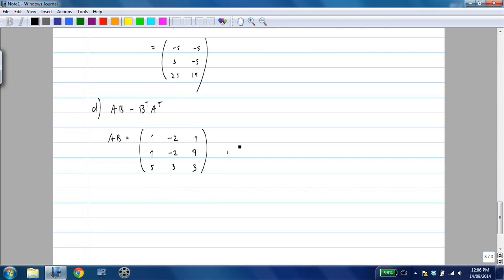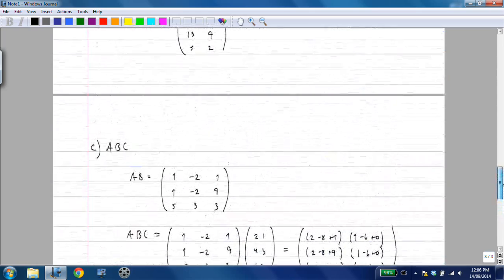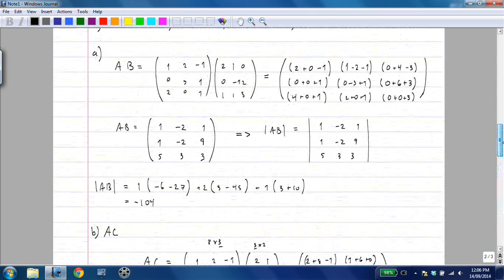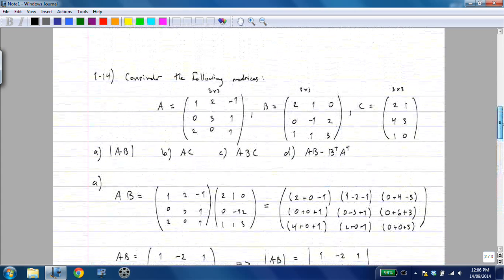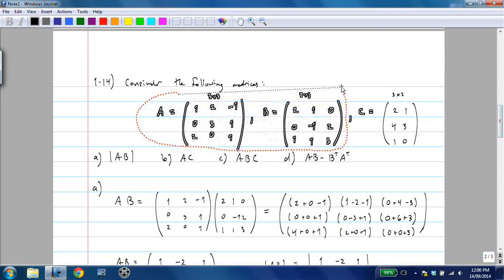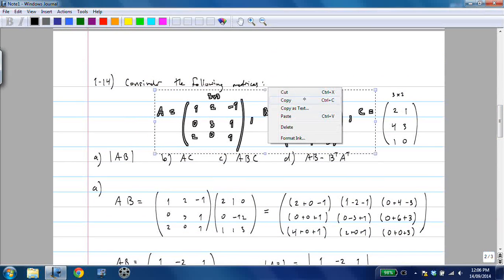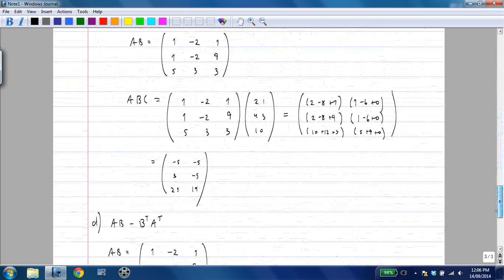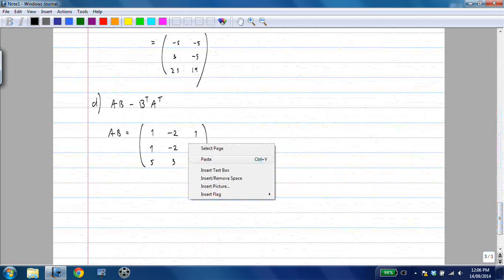So B transpose, maybe I'll copy B and A down here, so then we can look at the transpose directly. So I'll try and select this. There we go. Bring it back down.